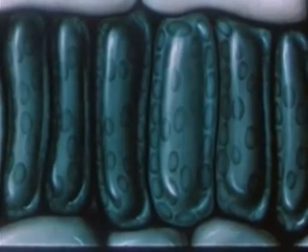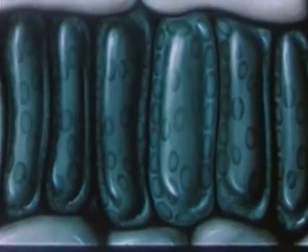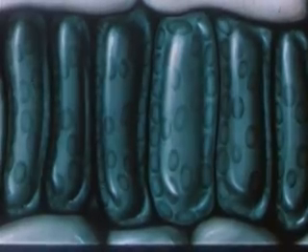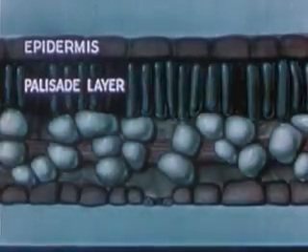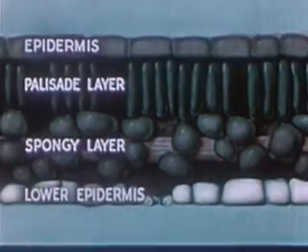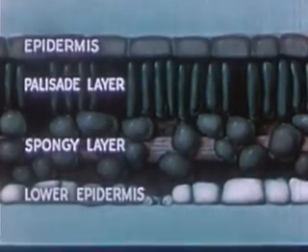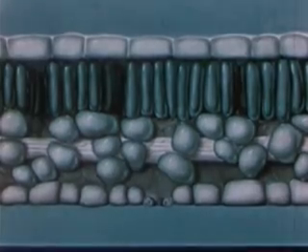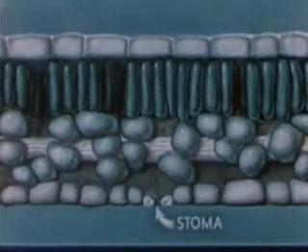The small green bodies here faintly seen are called chloroplasts. Under the palisade layer is a spongy storage layer just above the lower epidermis. Here we see in cross-section a stoma or pore.